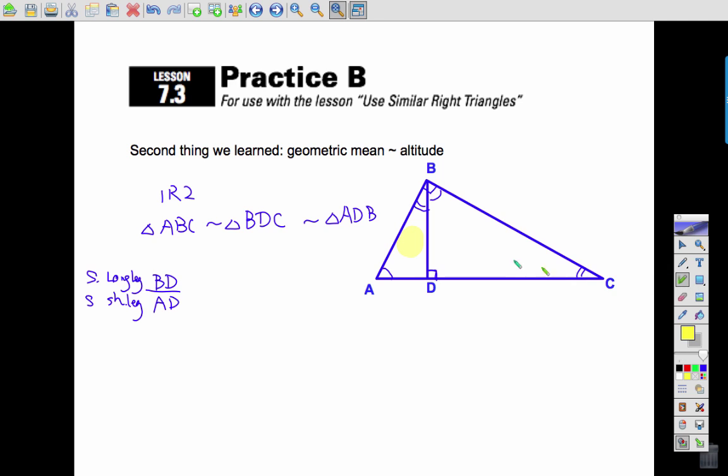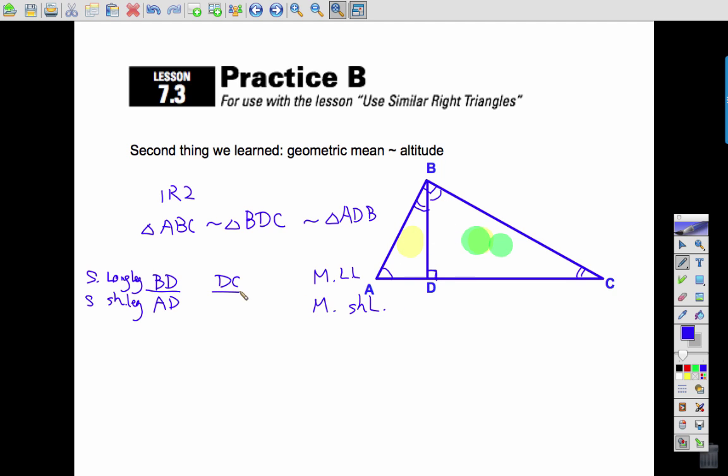Now if I go to my middle triangle, let me try a different color, the middle triangle in green, where is my long leg? In the middle triangle, the long leg is DC. In the middle triangle, where is my short leg?